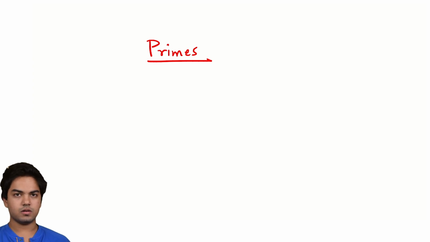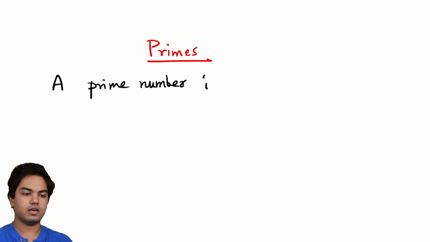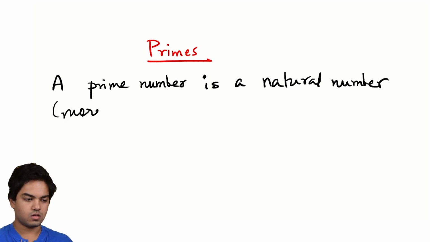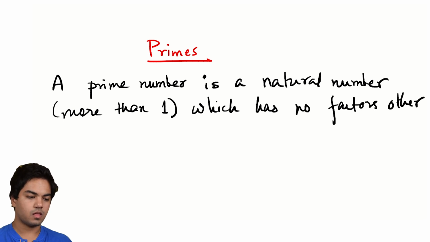So to quickly recap what we saw last time, a prime number is a natural number more than one, of course, which has no factors other than 1 and itself.